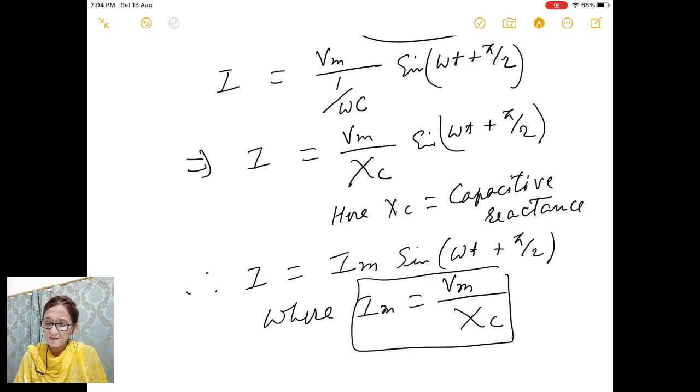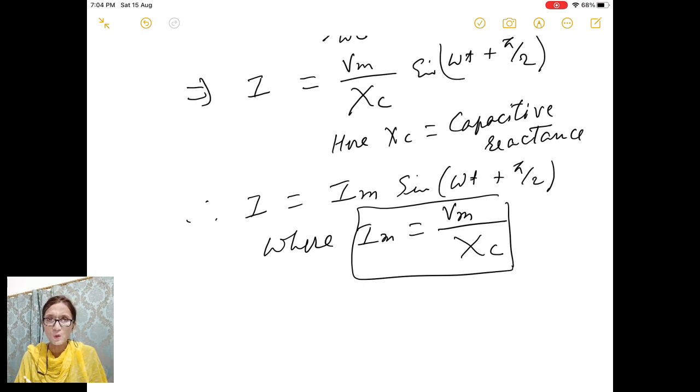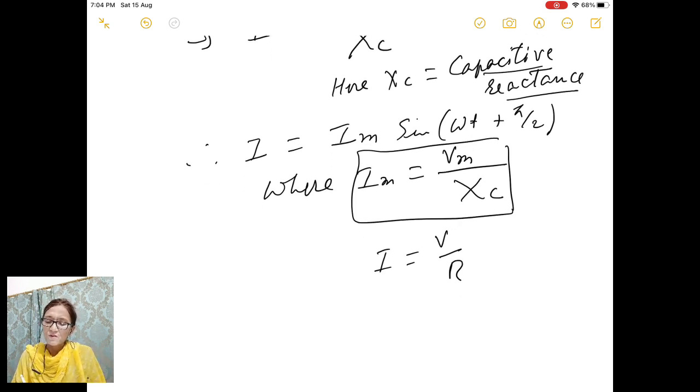This is just similar to Ohm's law, because in Ohm's law I is equal to V by R. So here capacitive reactance serves as resistance. It will oppose any flow of charges through this capacitive circuit. Capacitive reactance works as a resistor in this circuit, and it has the same unit. The unit of Xc is ohm.